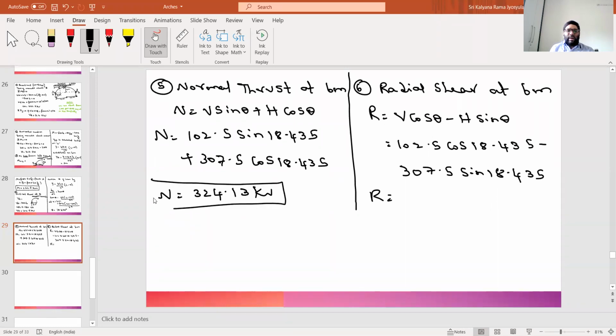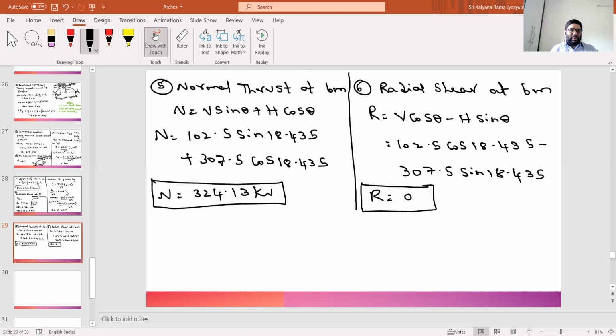So R is equal to 102.5 cos 18.435 minus 307.5 sin 18.435, which is almost equal to 0. So for this case, the radial shear is obtained as 0.